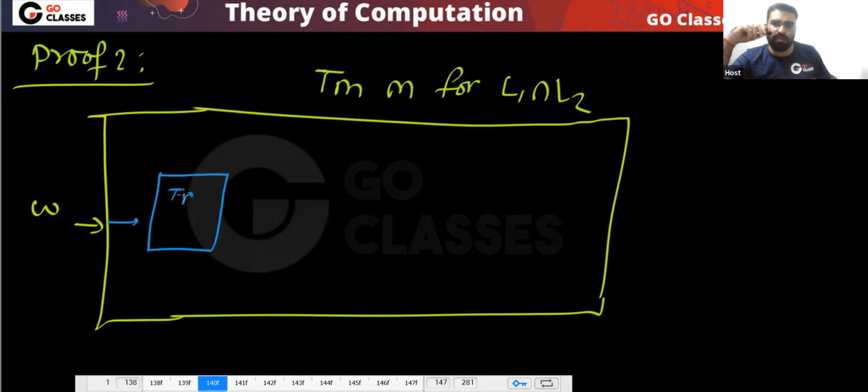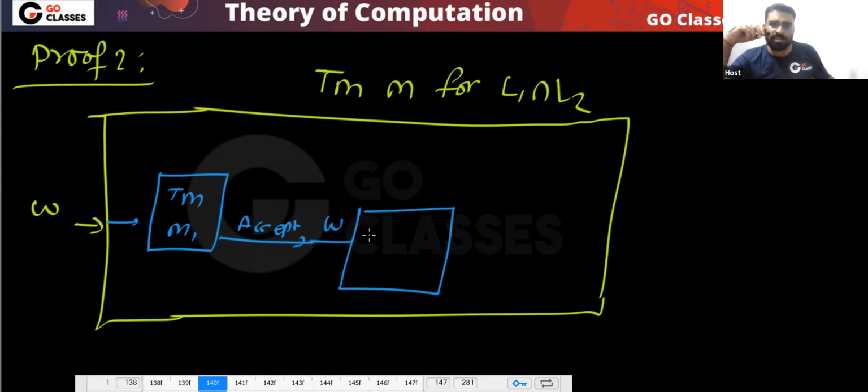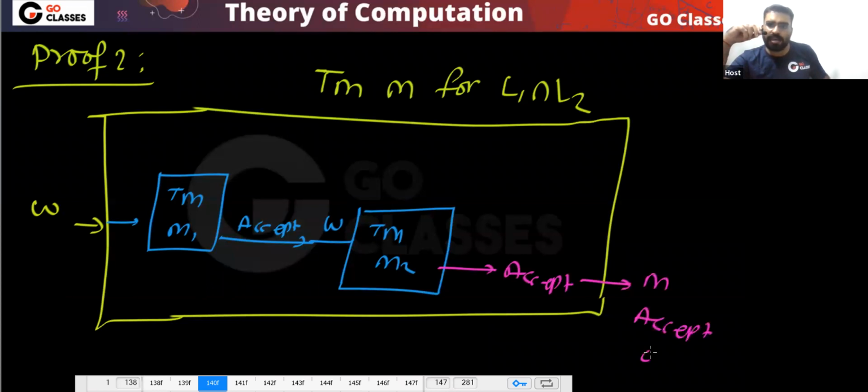If it accepts, then you give this W to M2. If it accepts, then M accepts W.